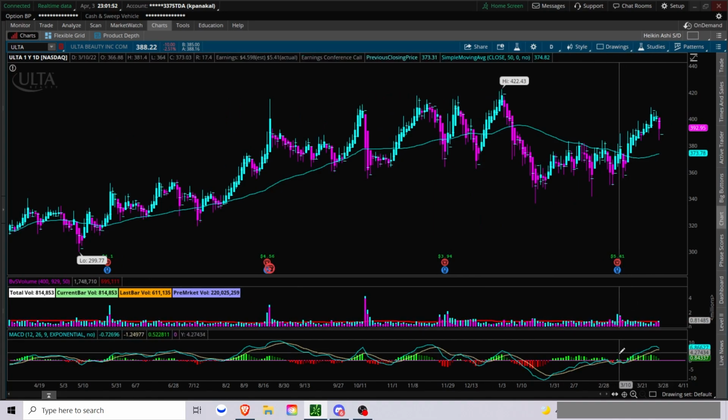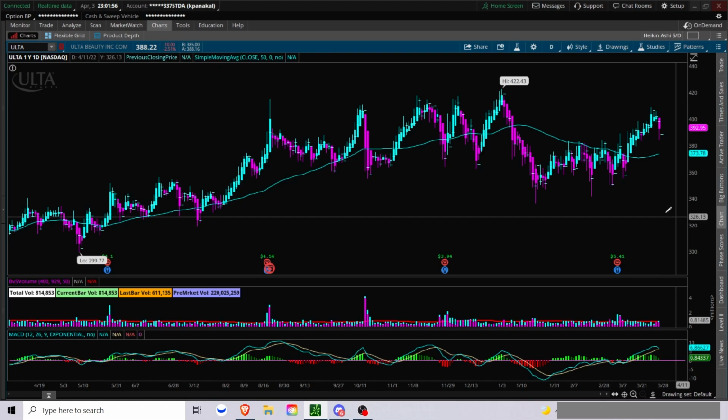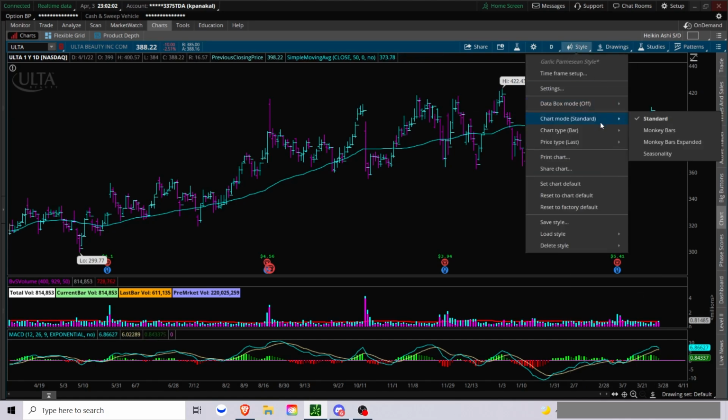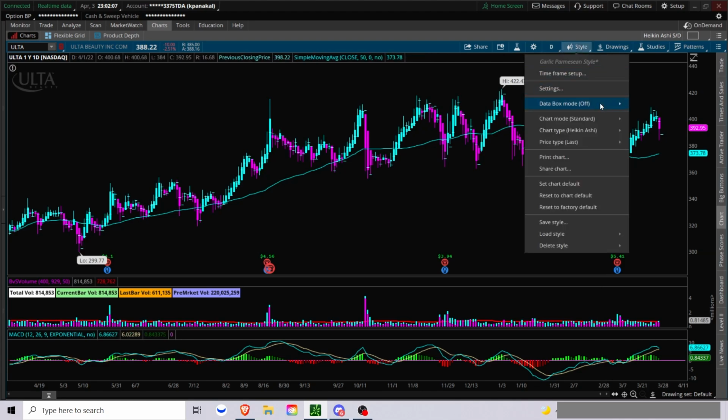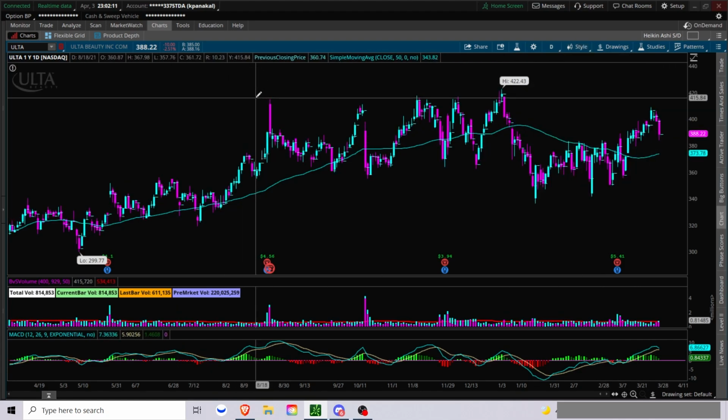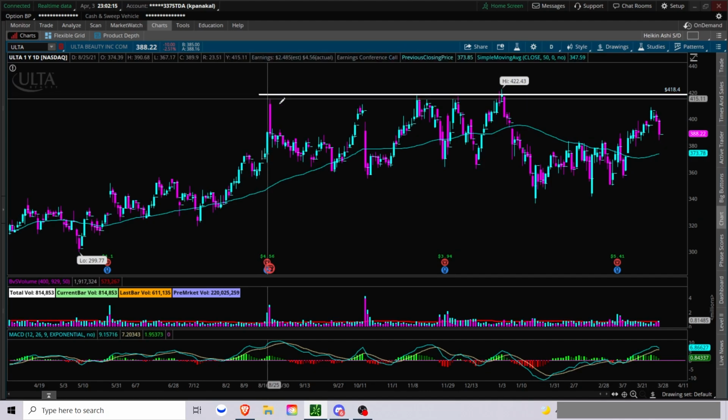Look at this, this stock has been in a range for the longest time. Let's switch this over to candles, not bars, since most of you guys don't understand bars. This thing has been literally trading within a range, which is crazy.